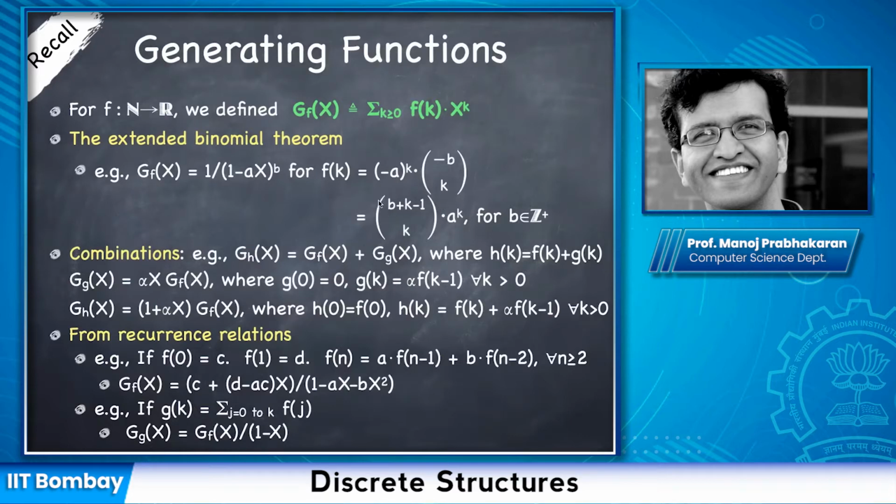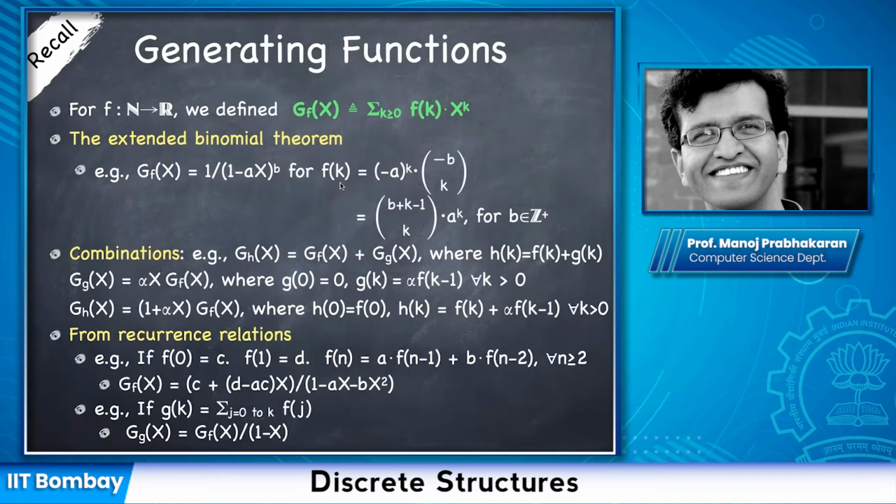So the minus 1 to the power k cancels off with the signs of all these k integers in the numerator, and you can verify that what will be left is this expression. Okay, so there's an example of the extended binomial theorem. So that gives generating functions for a certain class of functions.